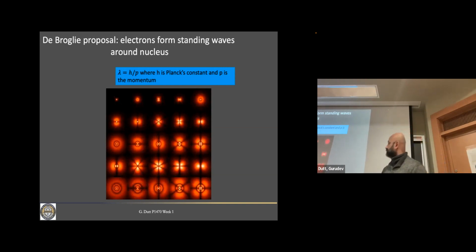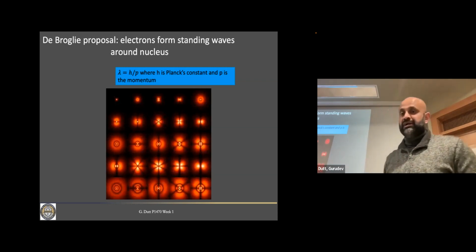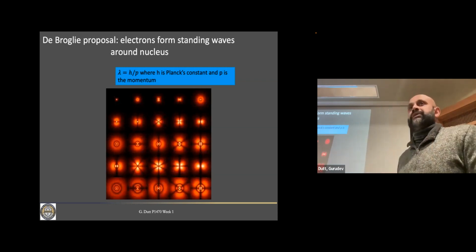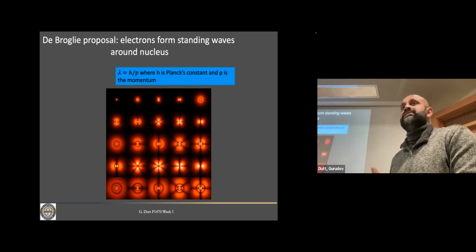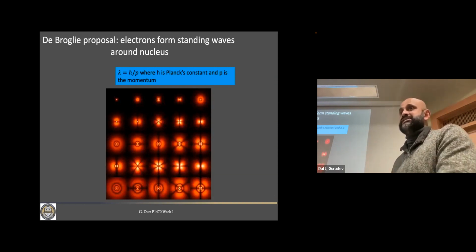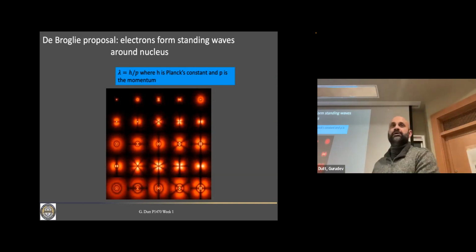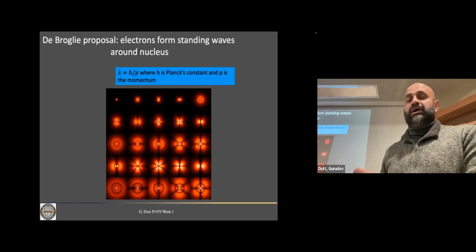And from that, he was able to reproduce many of the predictions of Bohr's model. Okay, so this is a beautiful idea. And so now we have come full circle: light behaves like waves, behaves like particles, and now matter, electrons, also behave like waves, at least in this Bohr model of the atom.